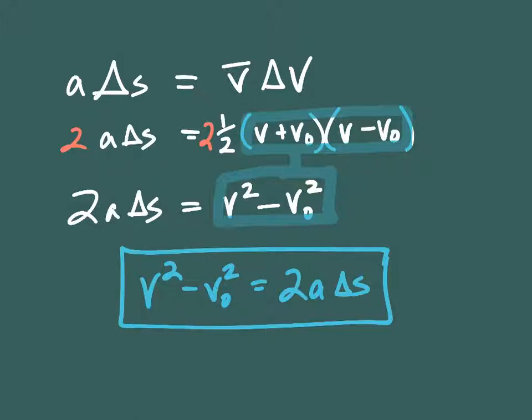Same storyline, just not as straightforward symbolically. So zeroth law theorem, one more equation that we could add to our other list. On your other piece of paper where we were listing equations, I would write this equation and a delta s equals v bar delta v.